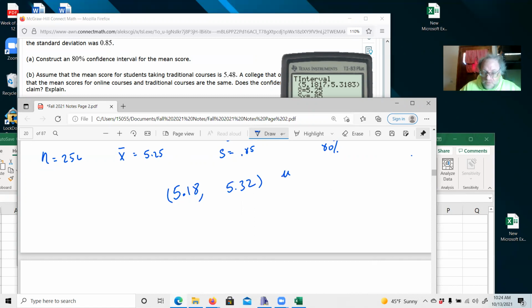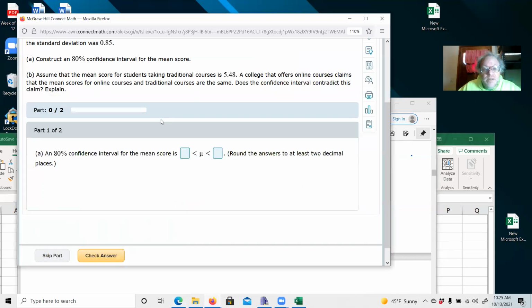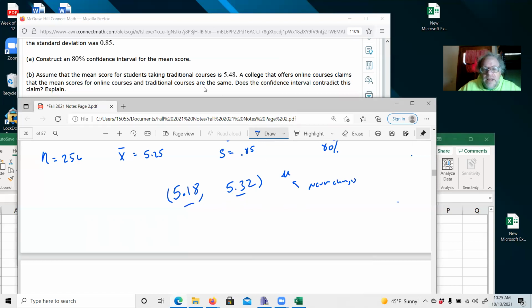Depending on the sample we got and the standard deviation, these two values can change. The parameter for the average is constant, never changing, but our confidence interval can float around. It's variable.